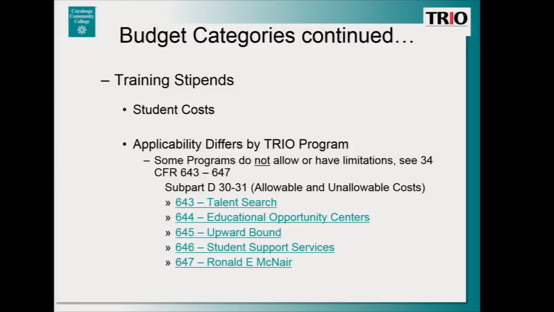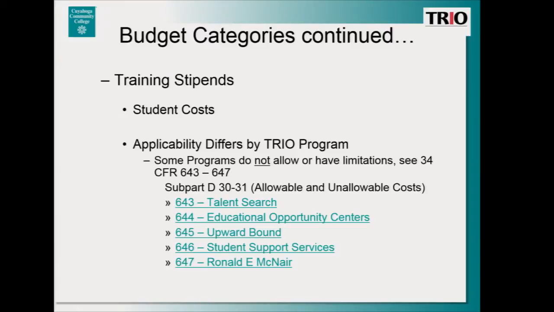Next, we will look at training stipends or participant costs. These are student or participant costs allowed for certain TRIO programs. If you're looking at your program, you could look at 34 CFR sections 643 to 647 to see if your program allows it.